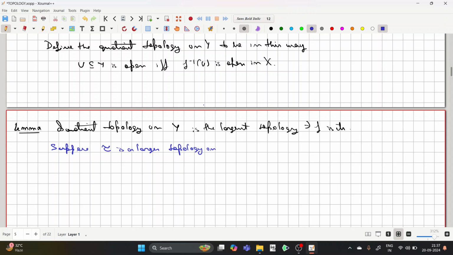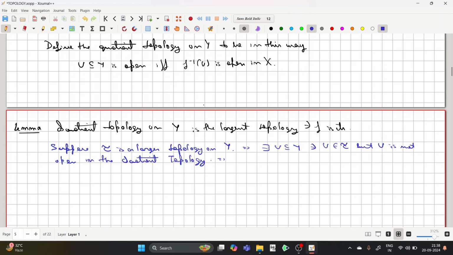But this implies there exists some U which is a subset of Y such that U is in tau, but U is not open in the quotient topology, right.